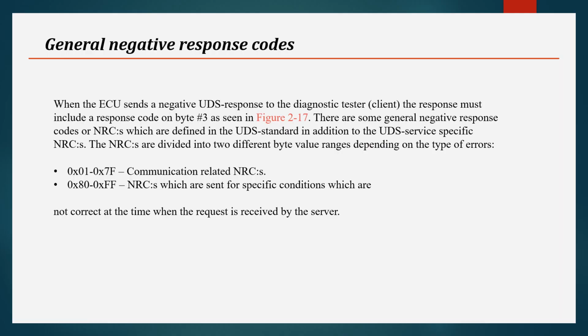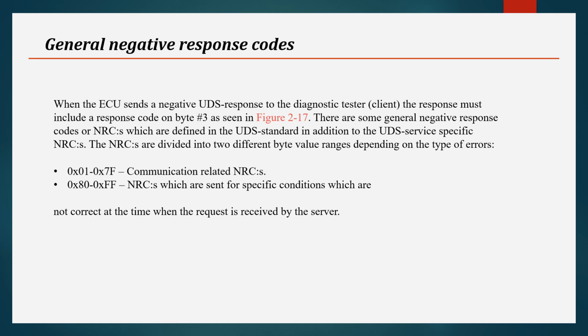Then let's talk about the general negative response code. It is very important when we deal with the bootloader. We also need to know what are the different negative response codes we need to support here. According to the specification, there are two types.